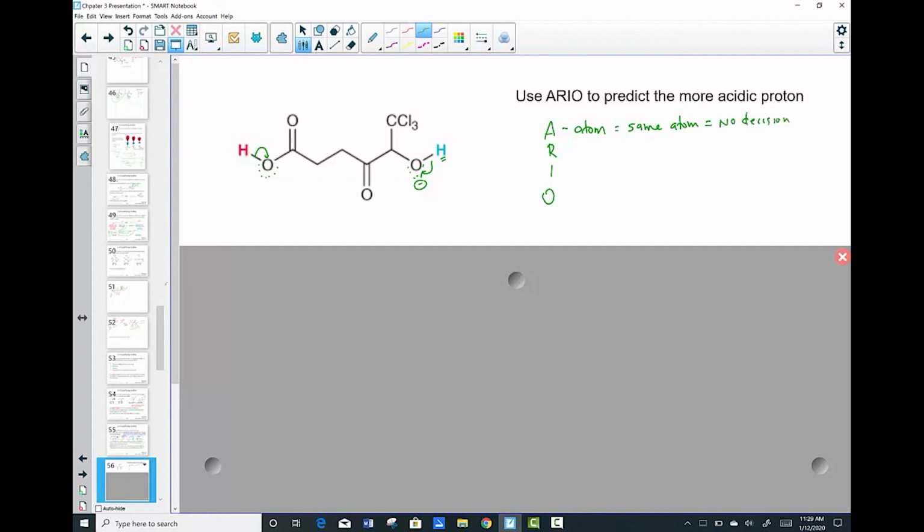How about R, resonance? This red proton will have a delocalized resonance structure because it has the carbon that's involved in a pi bond.